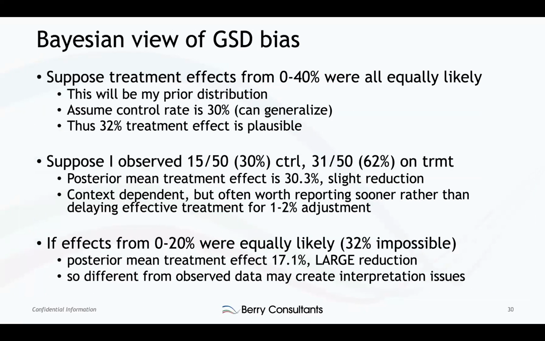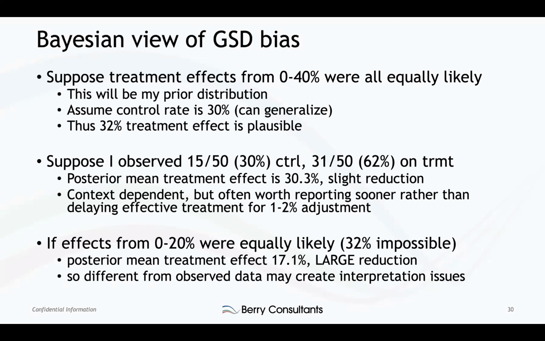When I take this 32 to 30.3, you can also take the quantiles of the posterior distribution, and they will also adjust automatically. So as a Bayesian, you don't do anything special here. The Bayesian machinery takes care of it automatically.